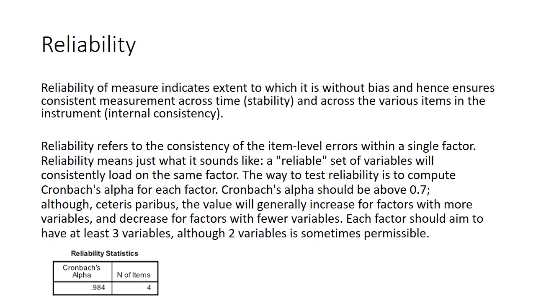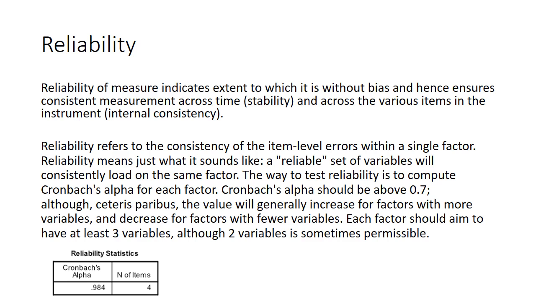Achha, let's start with the reliability definition. Reliability of a measure indicates the extent to which it is without bias and hence ensures consistent measurement across time. Across time means stability. So over here I was talking about the stability as the balancing.